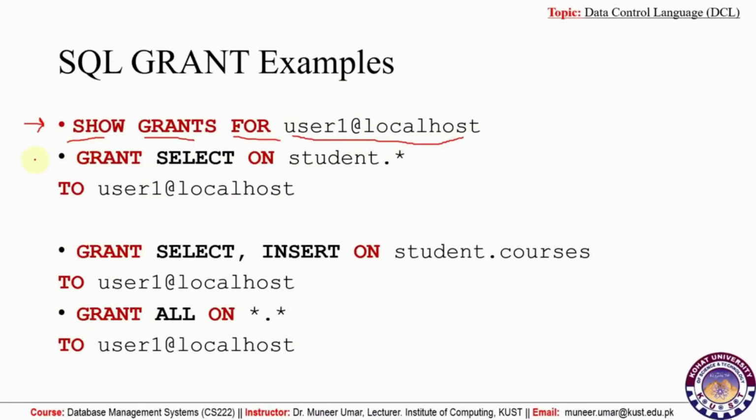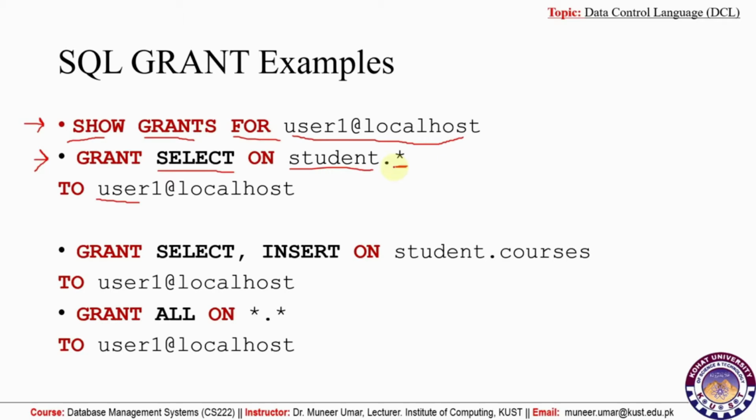The next example is to allow user 1 to use select queries. We can say grant select privilege on student database. The name of database is student.*, which means all the objects lying inside student.